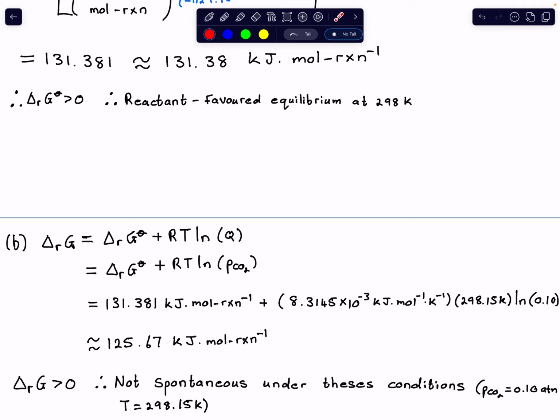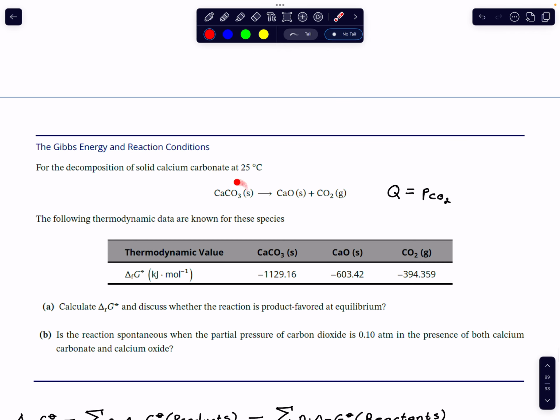Remember, a reaction can be spontaneous towards a reactant favored equilibrium only when there is no product from the beginning. So if you only start with the reactant. And that's technically what a partial pressure of 0 means.